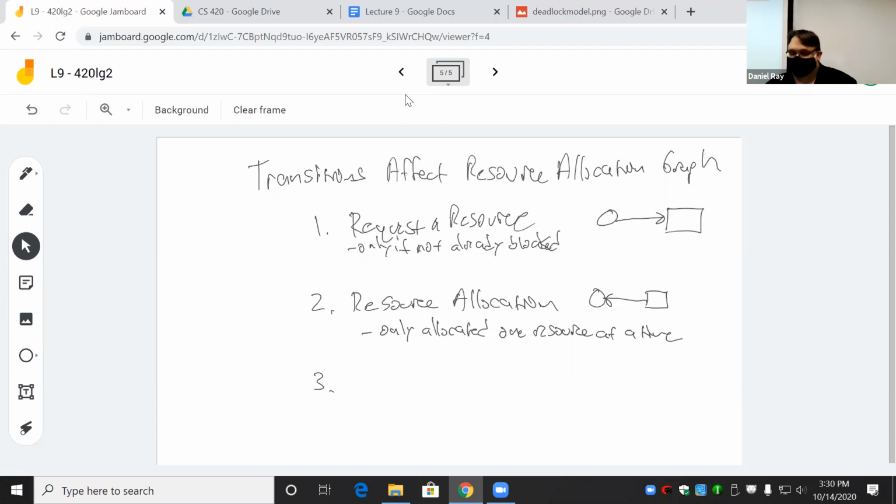The other thing, which should be somewhat obvious, is that there will never be a time where I request more resources from the system than exist in the system. Such a thing would be paramount to a programming error.